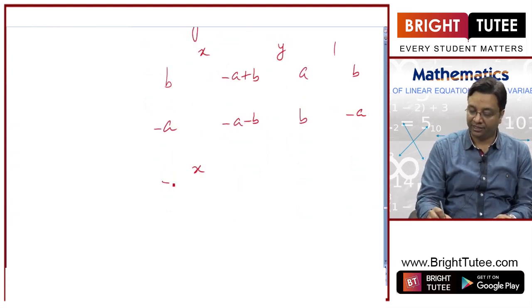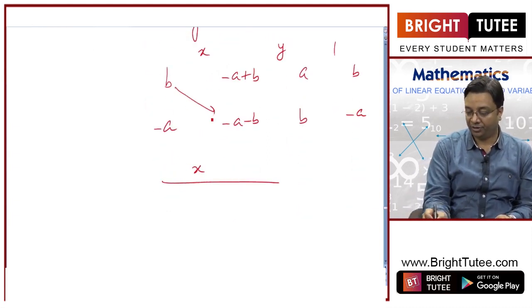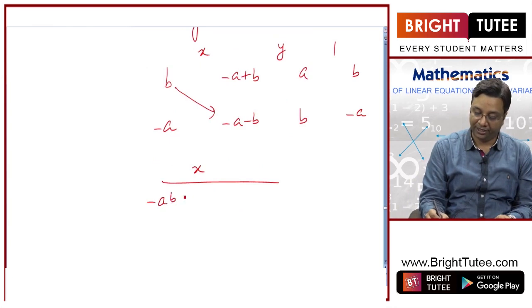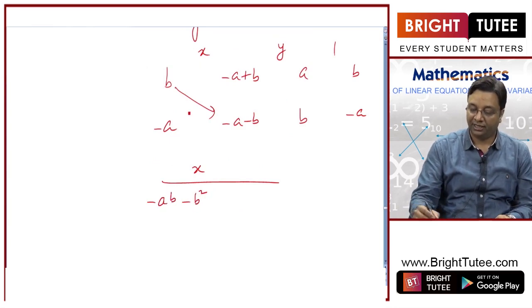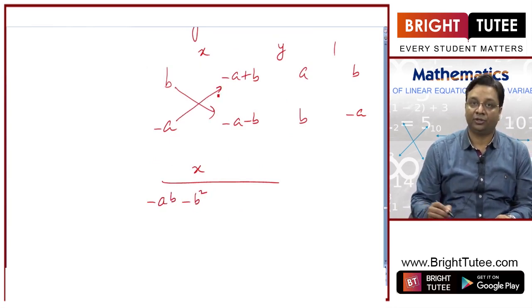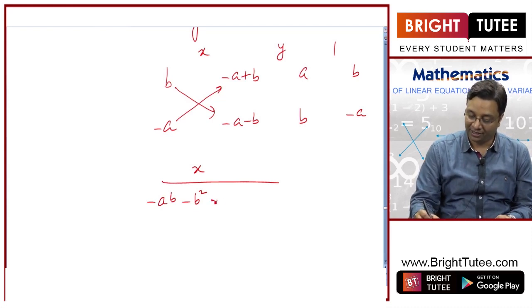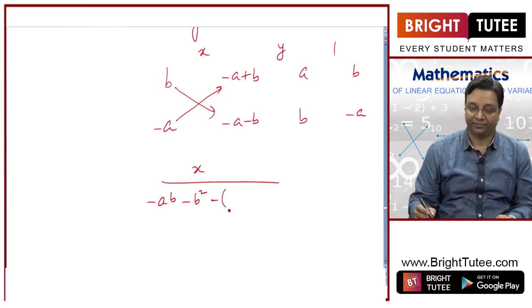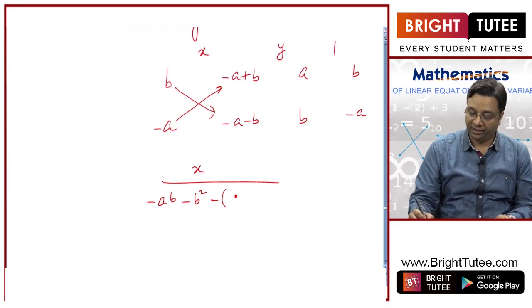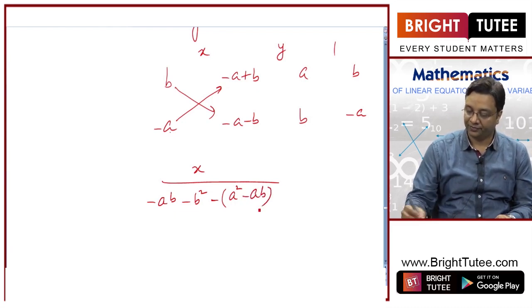So, x divided by, now you tell me, this product which is minus ab minus b square, and then you need to subtract this product. So, you write minus sign here and then you create a bracket: minus a into a is a square, minus a into minus a is a square, minus a into plus b is minus ab, okay.